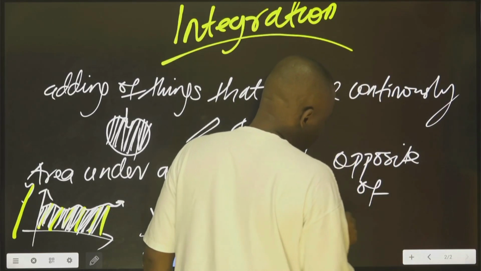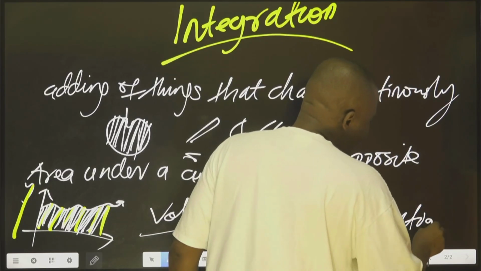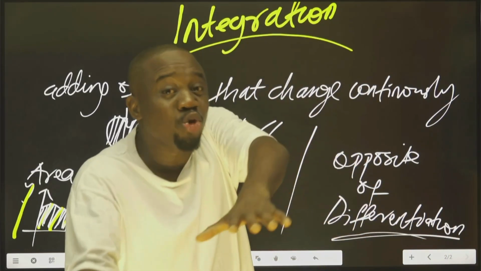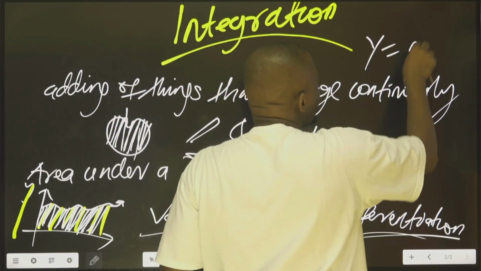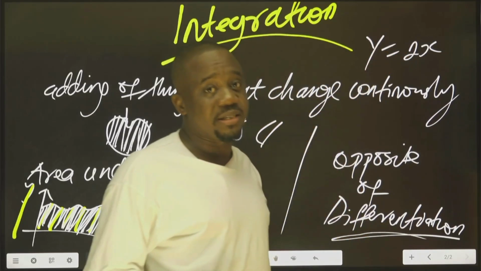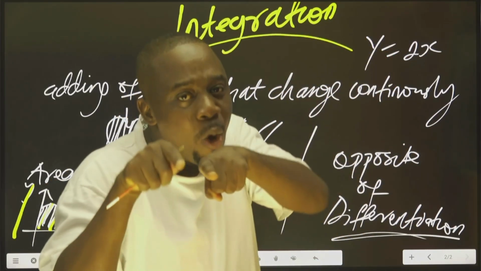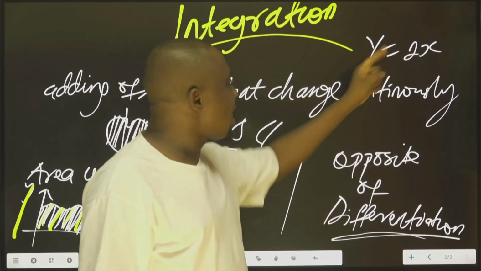So generally, integration is the opposite of differentiation. So in calculus, you differentiate. If you want to come back to the original function, for instance, you are given y equals 2x, and you are asked to differentiate this. You get an answer. The answer you get, you can work it backward to this original question.